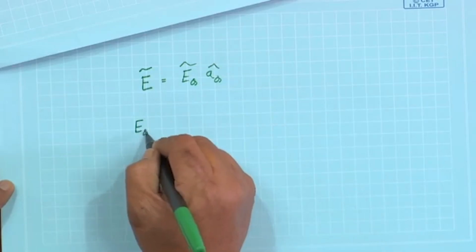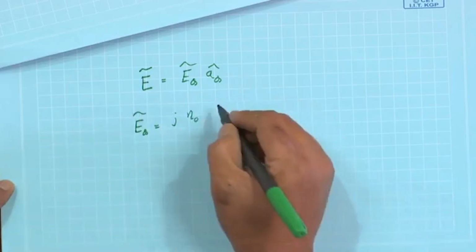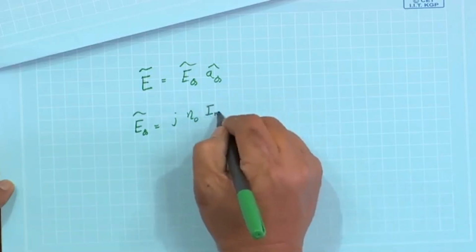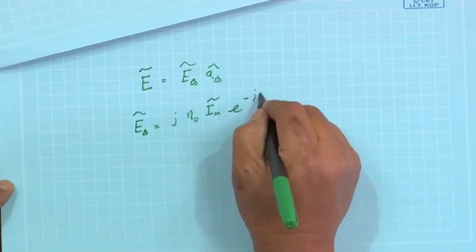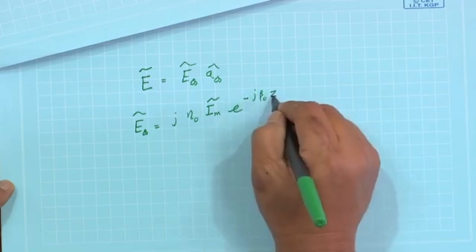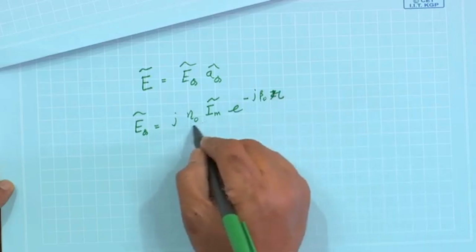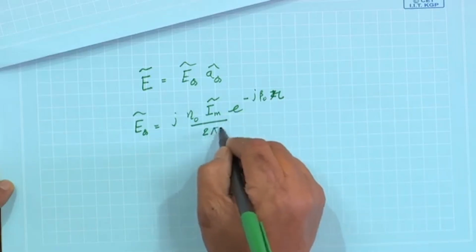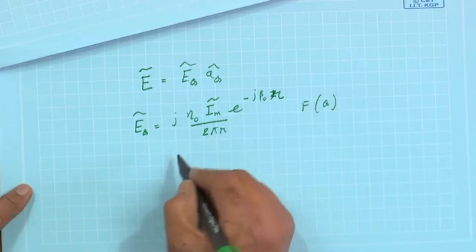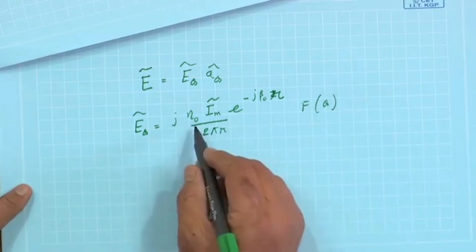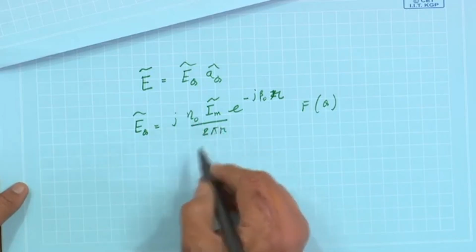What is E theta? E theta is a time phase term. So, if we put this value, eta naught is the intrinsic impedance of free space, which is 120 pi, divided by 2 pi.